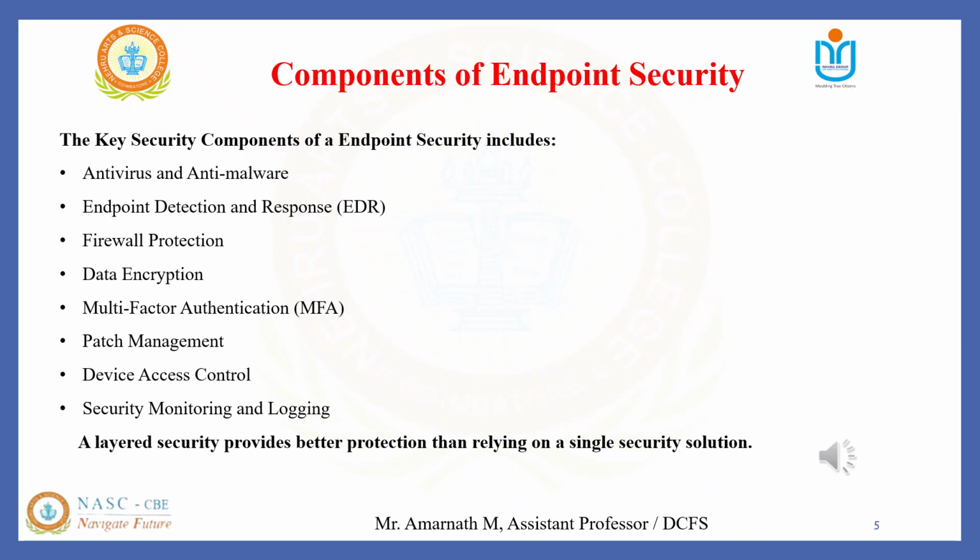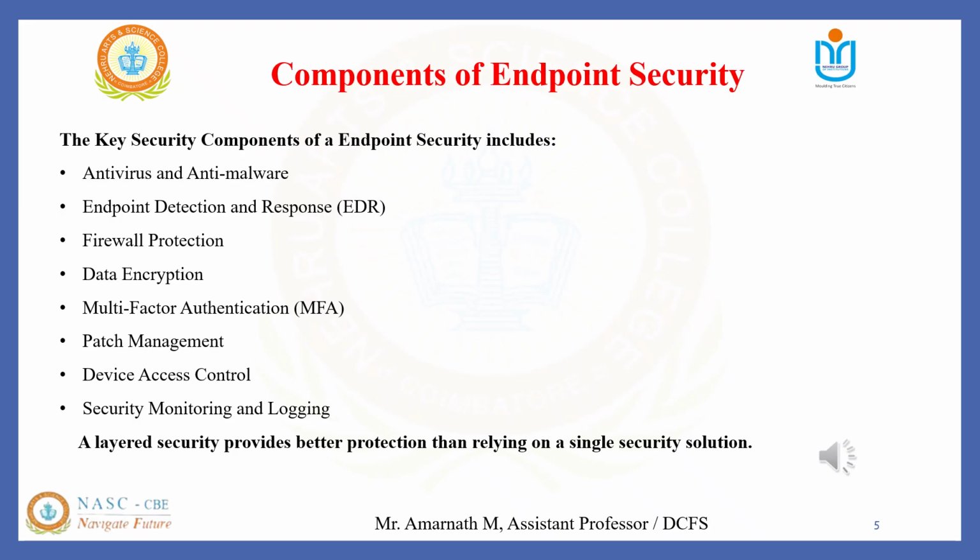The components of endpoint security. So let's understand what are the major components that will be working together to provide security to the endpoint devices. The first component is antivirus and anti-malware software.